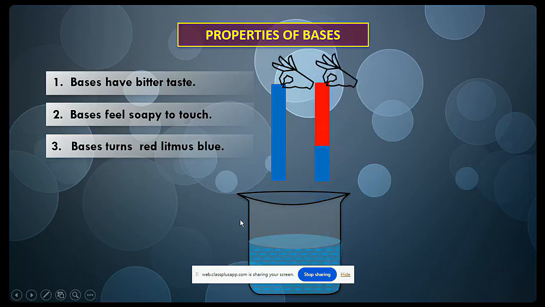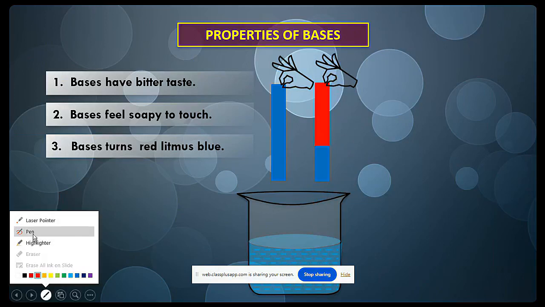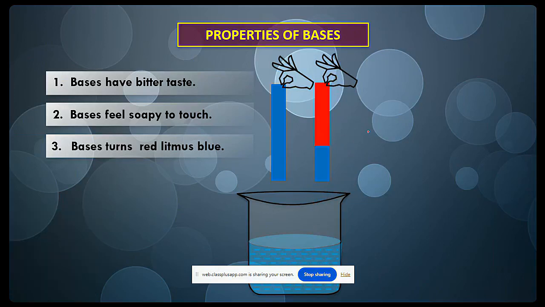Red turns to blue. So here is the trick to remember: BAR. Blue litmus turns to red litmus, that is acid, and red remains red. So the final color is red, which means an acid solution.